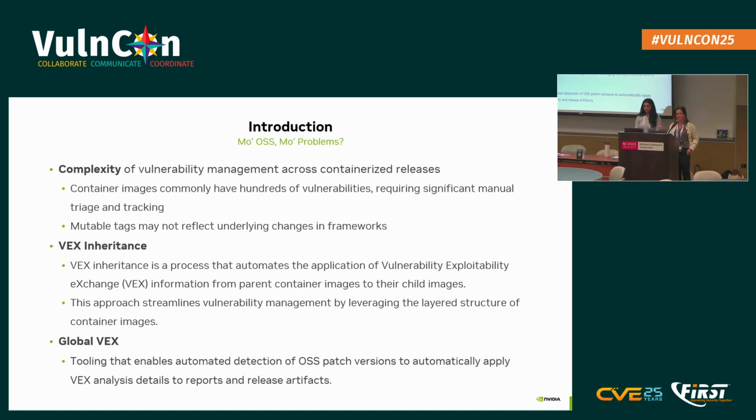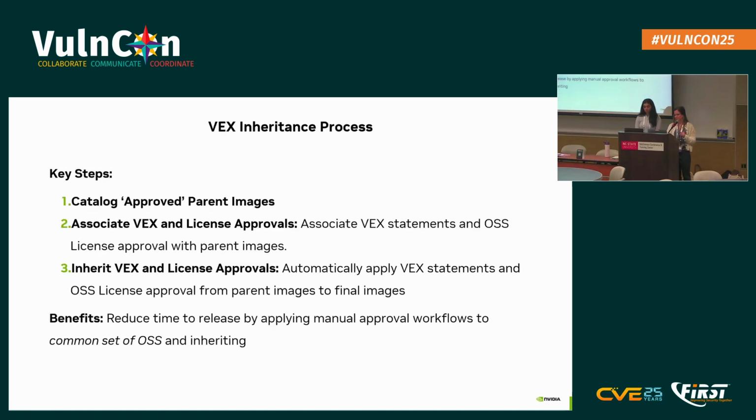And we can map the vulnerability details that we fixed in that patched version, add it to this policy, and detect that whenever we're scanning the container image. Anywhere we see that custom OSS version, we should be able to apply that patched VEX status. So that allows us to do this across the board wherever we're using those patched versions. That's the global VEX term here.